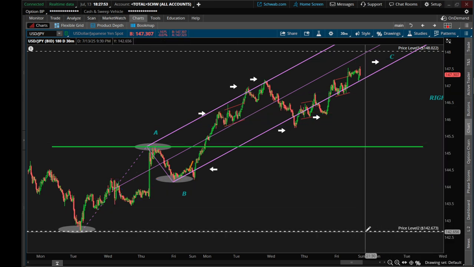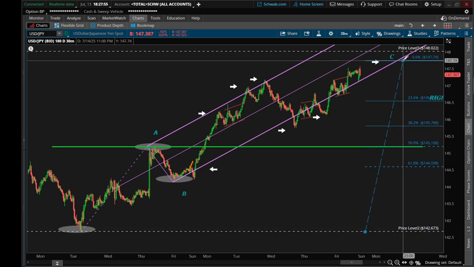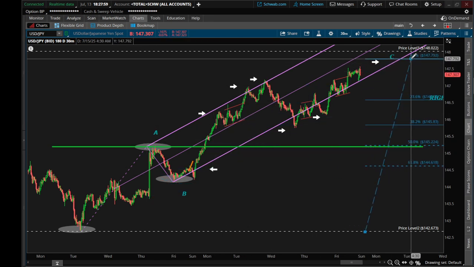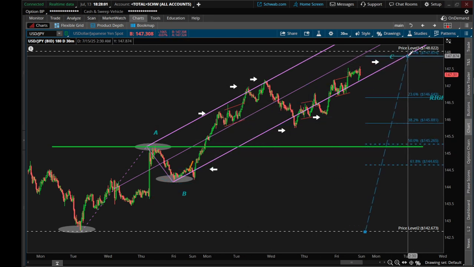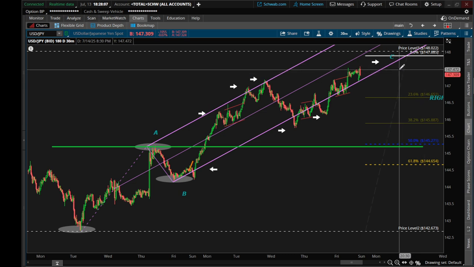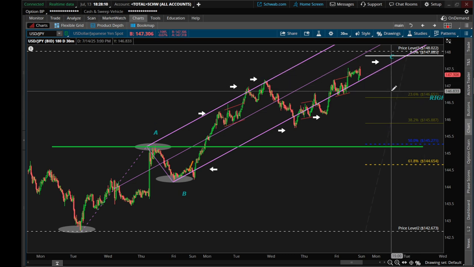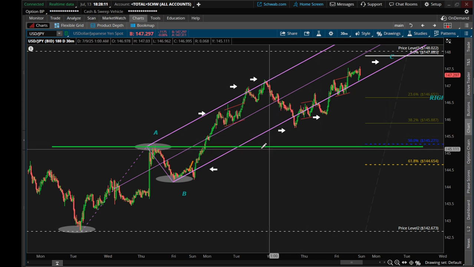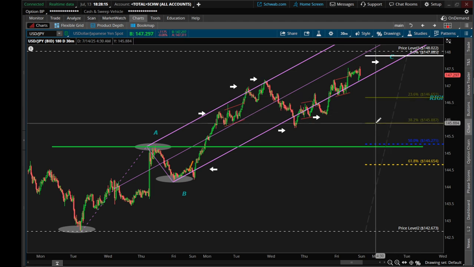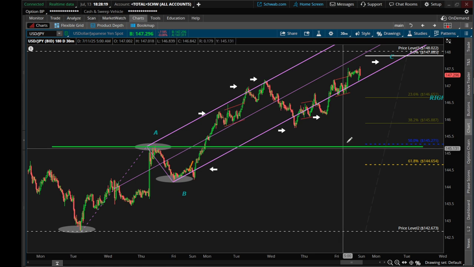So we retrace the A, from the A all the way to the C. Let's say it ends somewhere here, I think it was. Now we're looking for long positions, right? Because we're still above this A. So this 23.6, 38.2, and the 50% all are above our A.